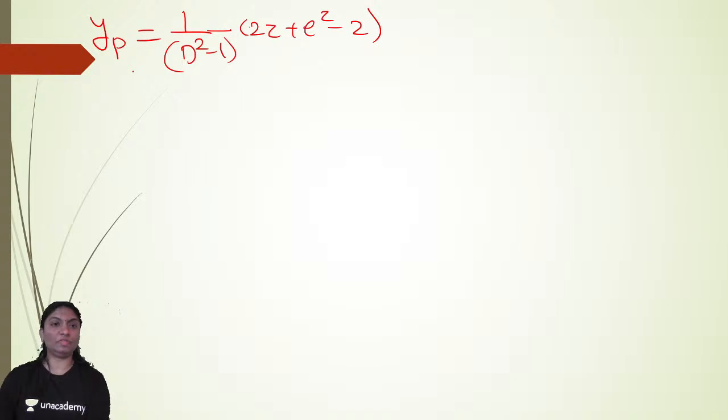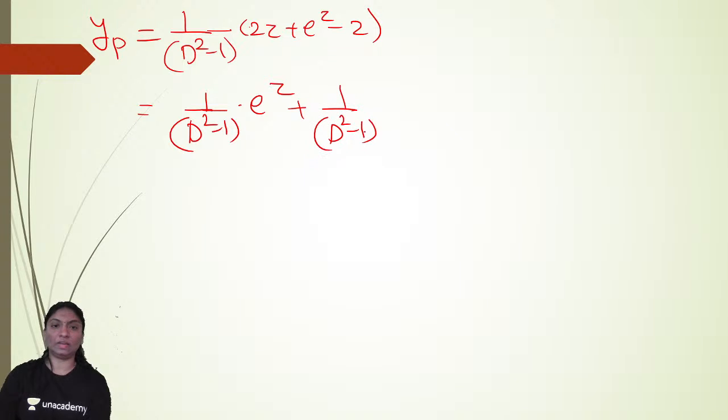So what we will do, we will separate this: 1 upon d square minus 1 into e raised to z, and plus 1 upon d square minus 1 into 2z minus 2. I am separating this so that I can use the different rules here.